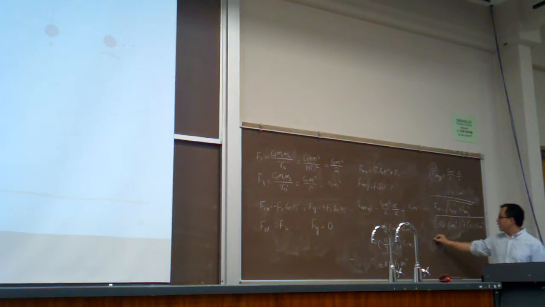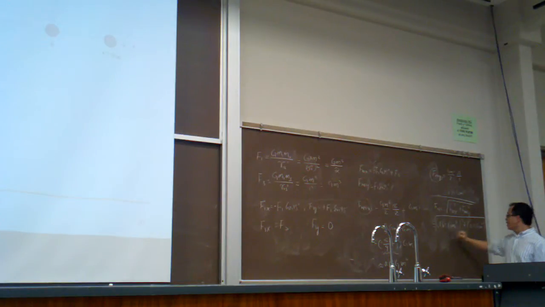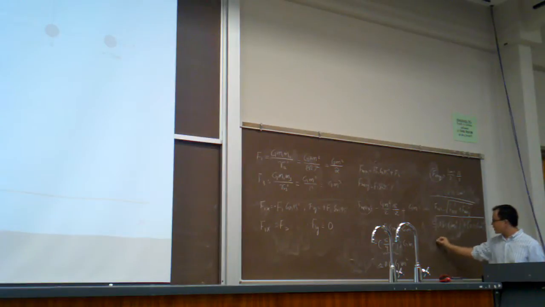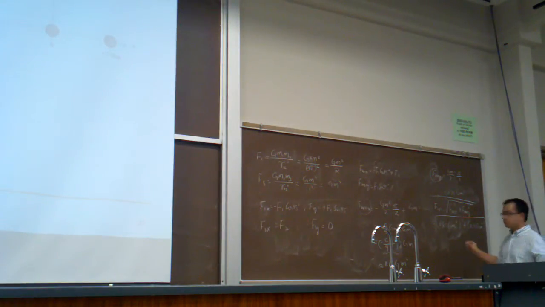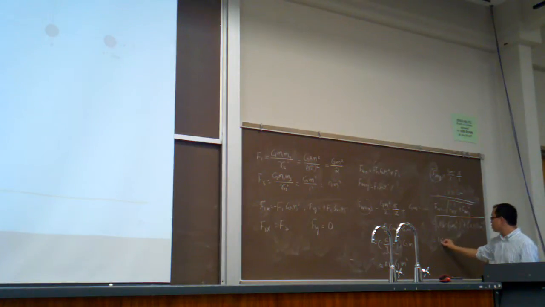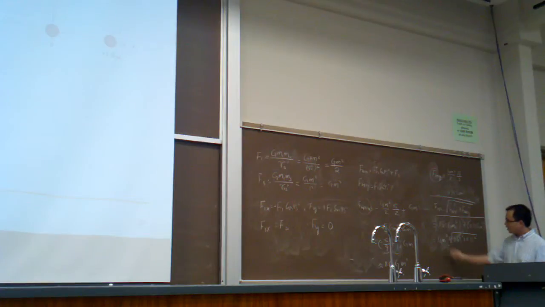Can you see that GM squared can be factored out, because this term contains GM squared and it's squared, and this is GM squared and squared. So you can check that after manipulation, you are going to get GM squared multiplied by the square root of 0.65 squared plus 0.35 squared. And then you substitute numbers, and finally you are going to get something easy.